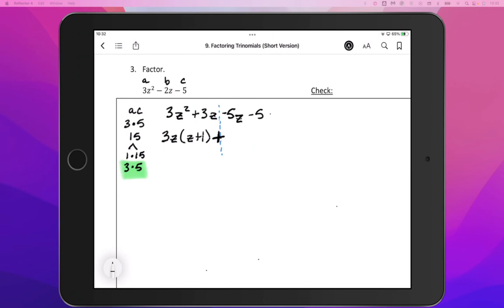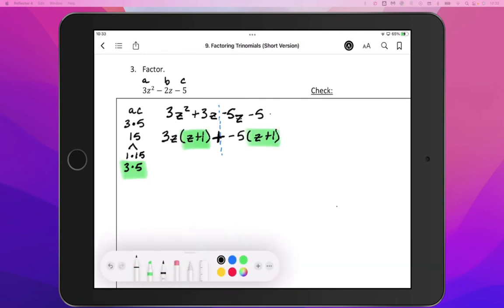So I'm just going to do it straight away. I'm going to factor out a -5. That's going to make a positive z and a positive 1. So now I can see that I've got a z plus 1 and a z plus 1. Those will both come out over here.